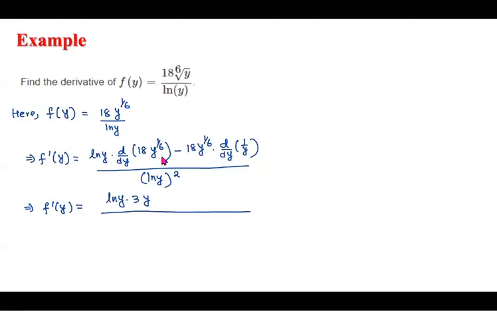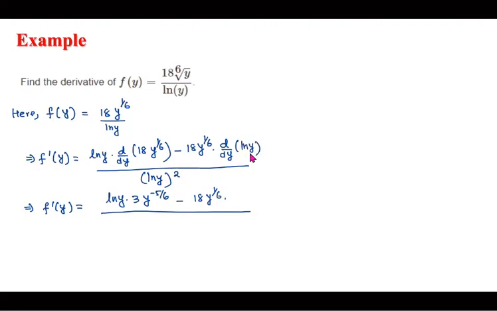And then y raised to, we reduce the power by 1. 1/6 minus 1 is negative 5/6. And then minus, we have 18 y raised to 1/6 multiplied by the derivative of 1 over y. Hold on, this is natural log y. So I missed that. I already wrote the derivative. Let me just rewrite this.